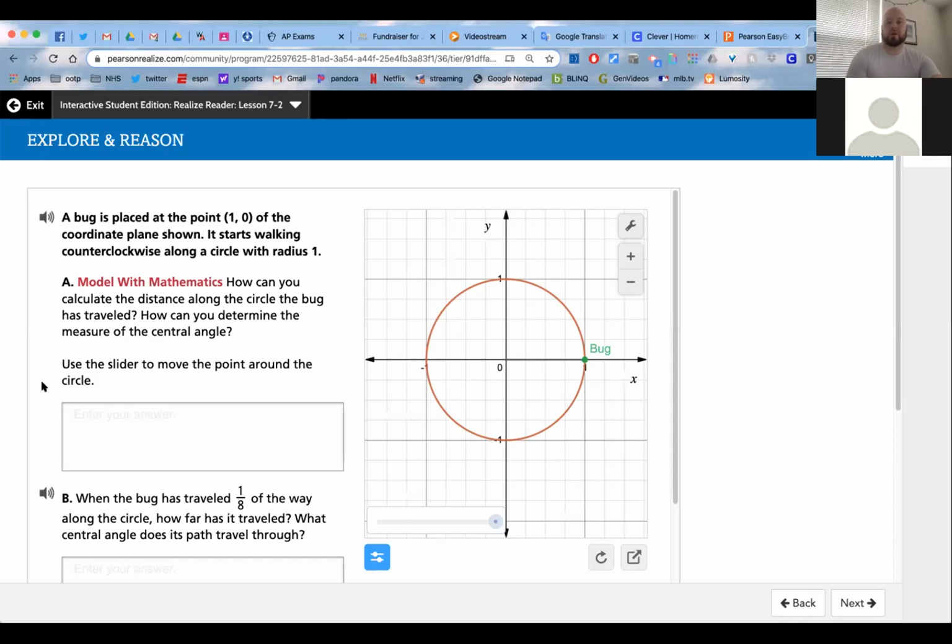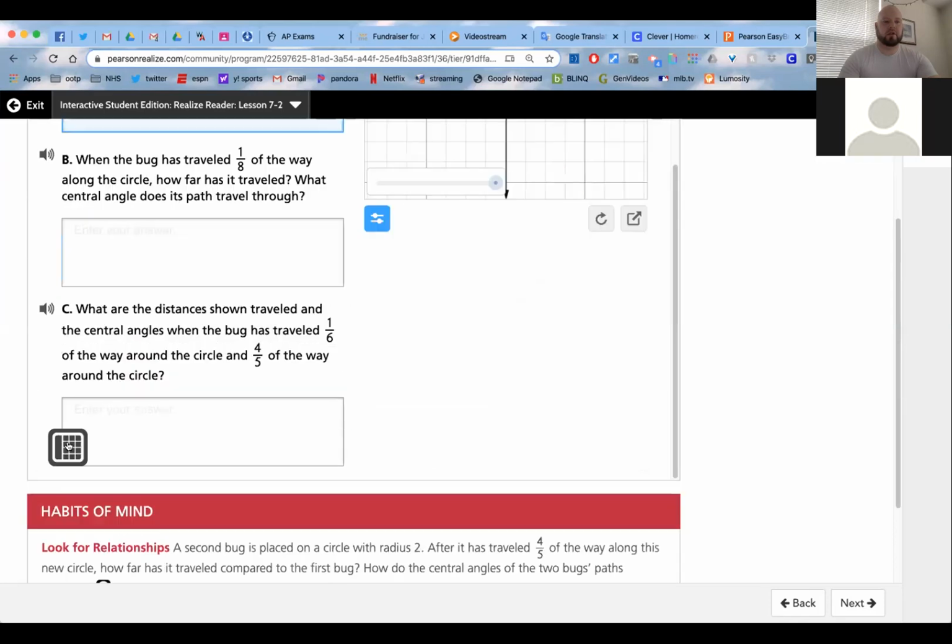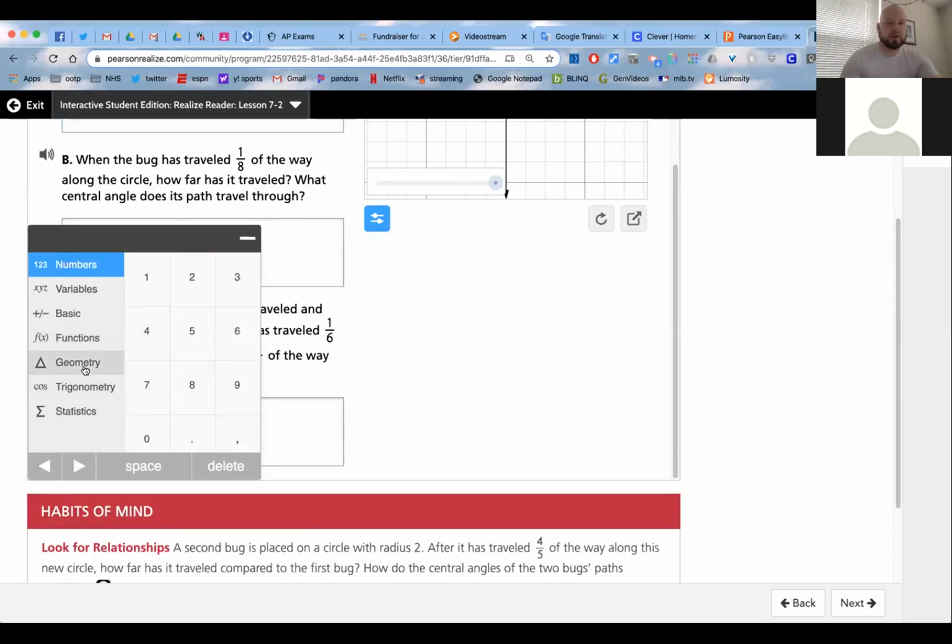Hopefully you remember from much earlier in your life that when you have a circle and you want to travel the distance around it, it's this formula. Circumference is 2 pi. Let me see if I can pull up the actual symbol.